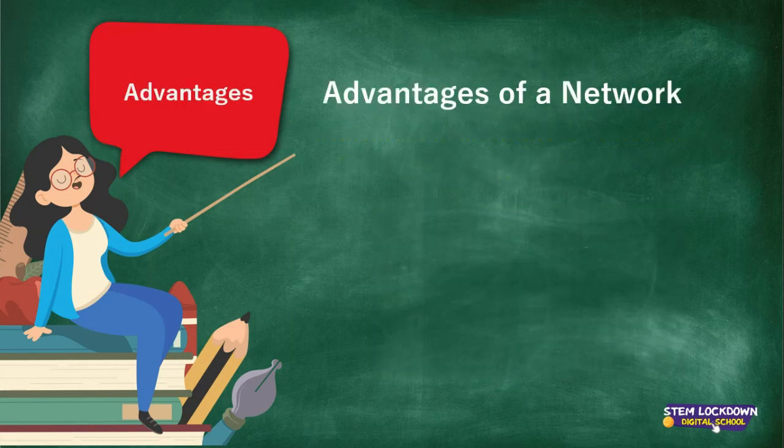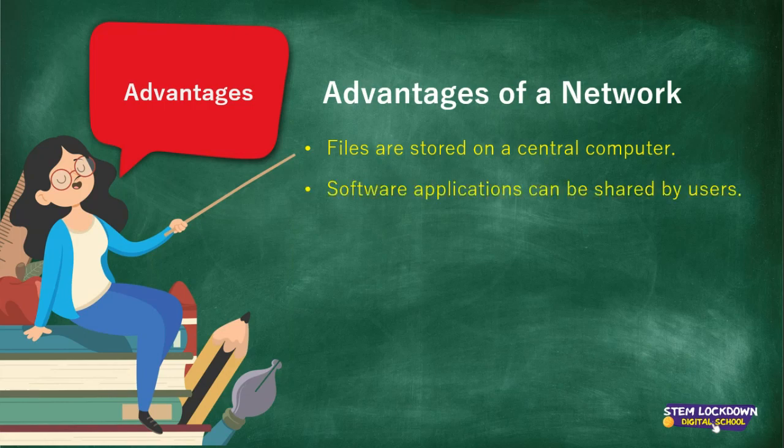All right. Then just to round it up, let us look at the advantages and disadvantages of a network, right? I'm sure as we went along, you were now getting the whole idea, right? So files are stored in a central computer, which makes it easier to manage. Software applications can be shared by users, right? You install a piece of software on the server and everyone runs from it. A single internet connection can be shared by users.